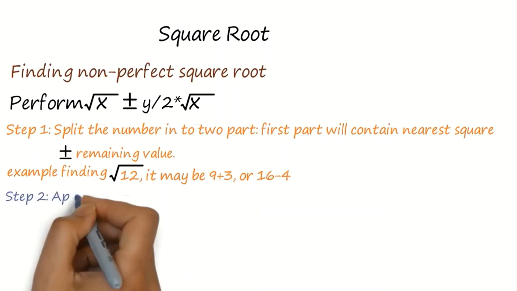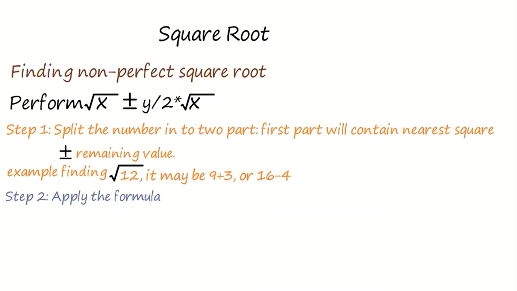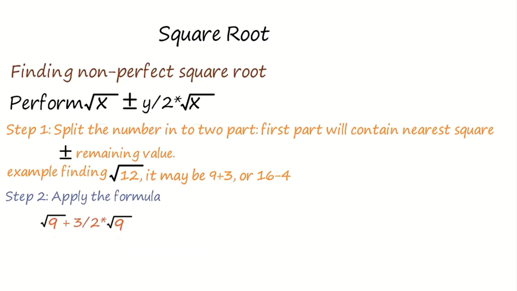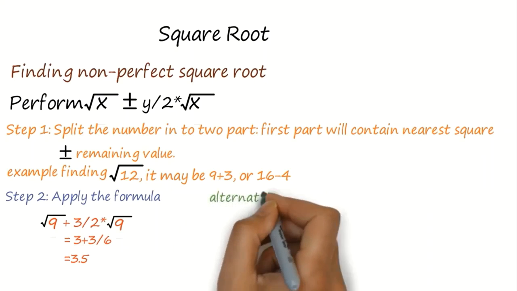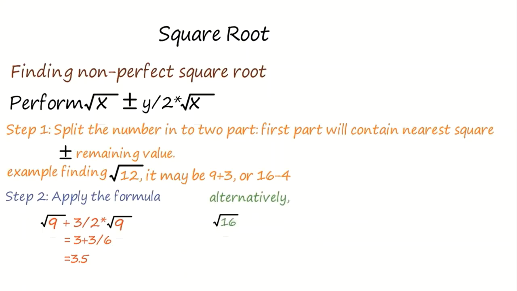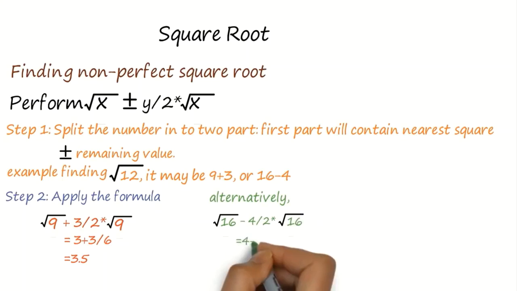X is 9 and y is 3 for the first case. According to the formula, root 9 plus 3 divided by 2 into root 9 will give approximately 3.5. Alternatively, if x is 16 and y is 4 for the second case, then as per the formula, root 16 minus 4 by 2 into root 16 will also give you approximately 3.5.